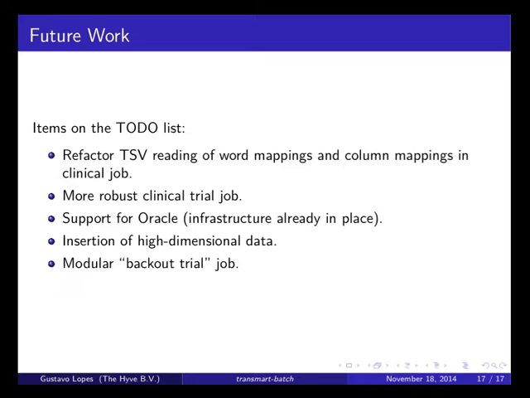This is maybe a bit debatable, but in any case, we need either more validation or to be more permissive instead of just throwing exceptions that are difficult to parse. Support for Oracle, we basically need to implement two classes for Oracle. One to reserve sequences and another to update the concept counts. It's not a big deal.